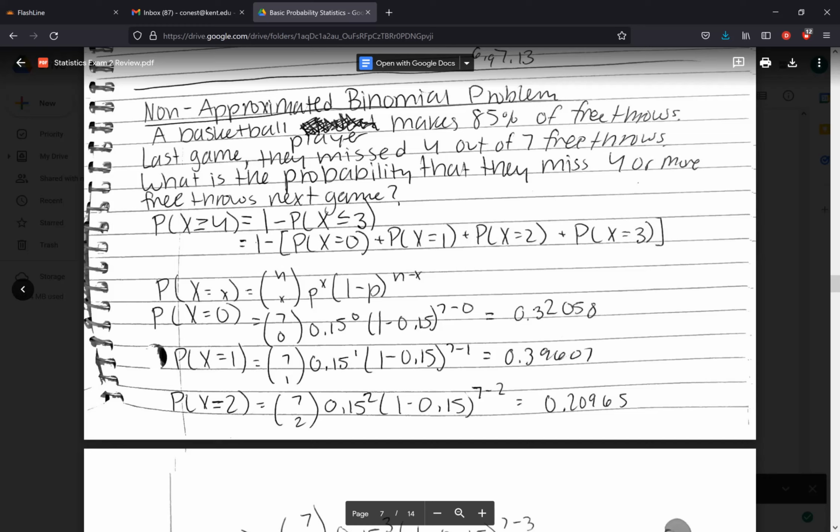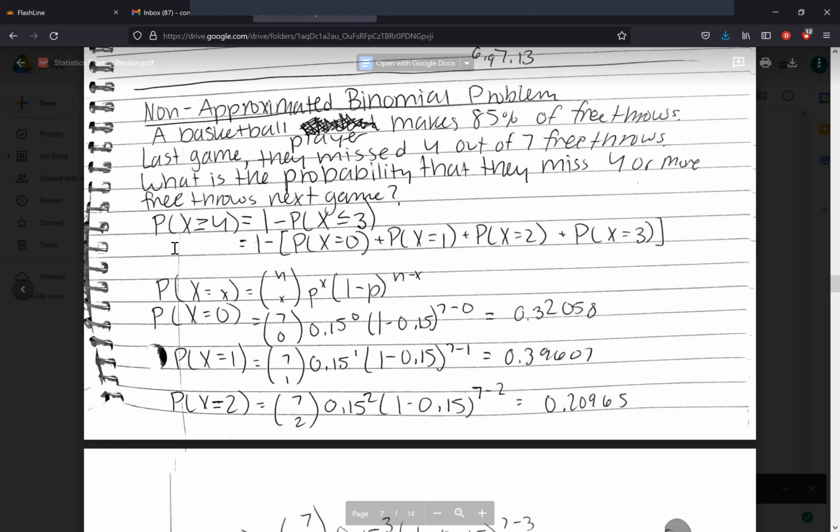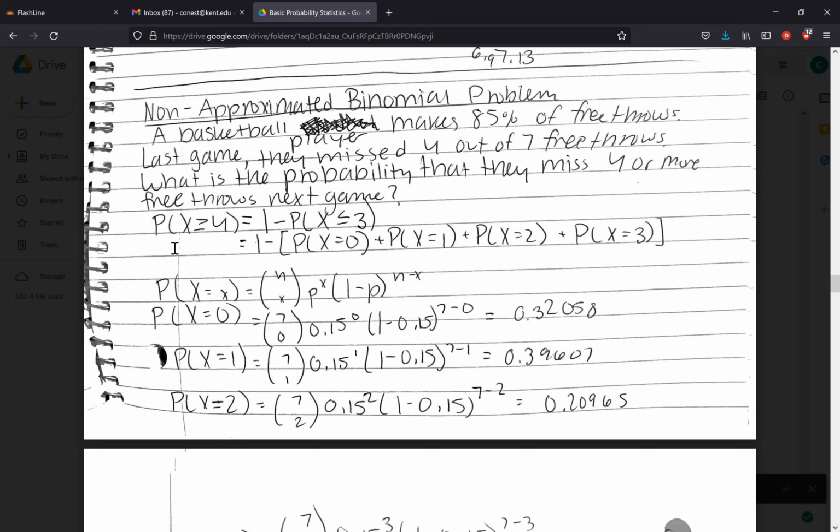So that's why we're not doing just the probability of X greater than or equal to 4, because that could go on and on forever. We have no clue how many total free throws they're going to do. Okay, thanks.